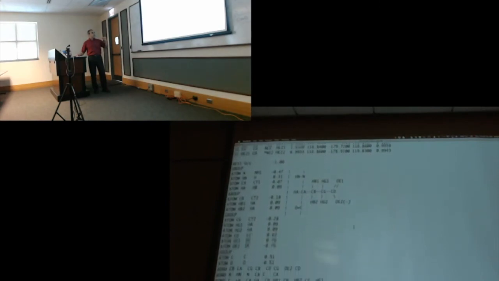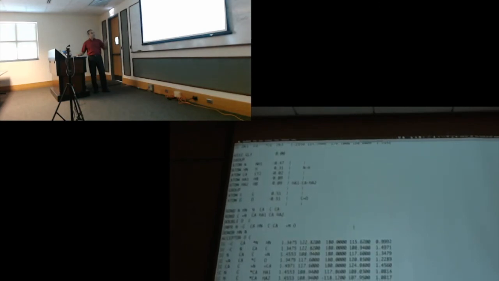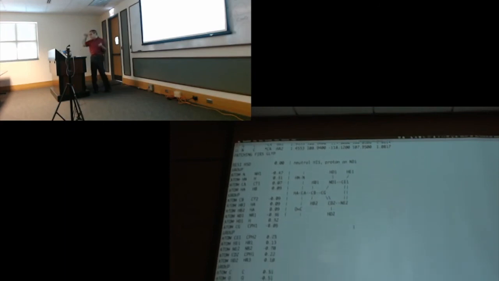In the case of aspartate and glutamate, at least for the solution form, you have a pKa of 4, which is pretty far from 7. For histidine, the pKa value is 6.5. And then on top of that, you have two tautomers.